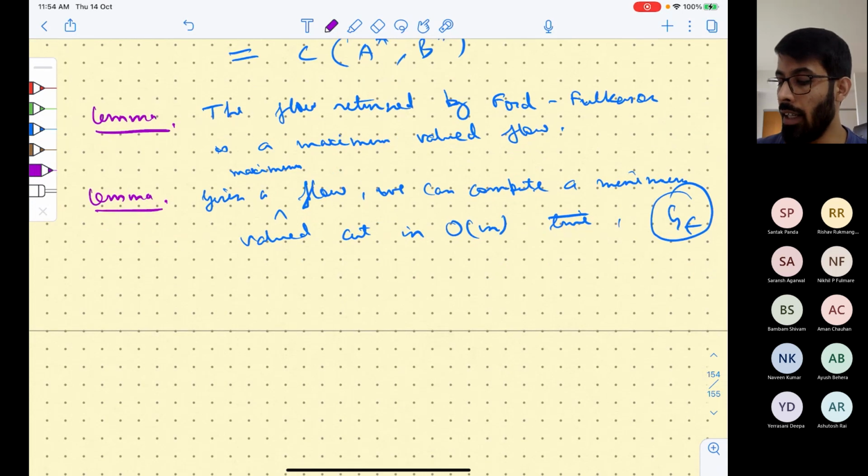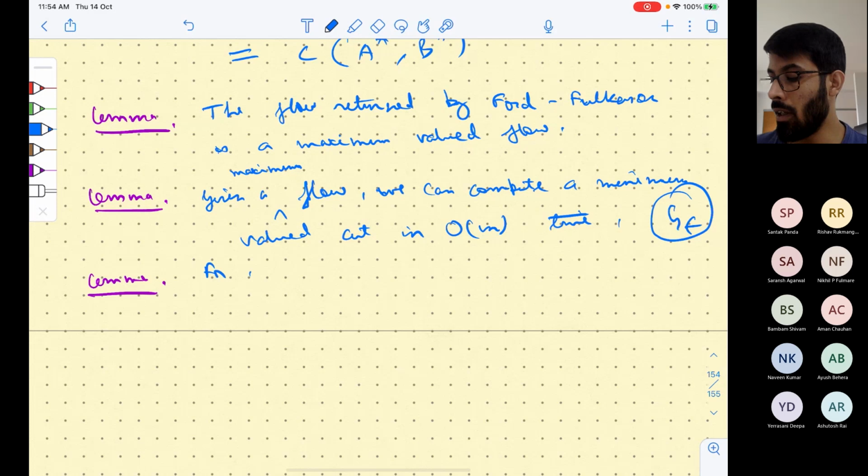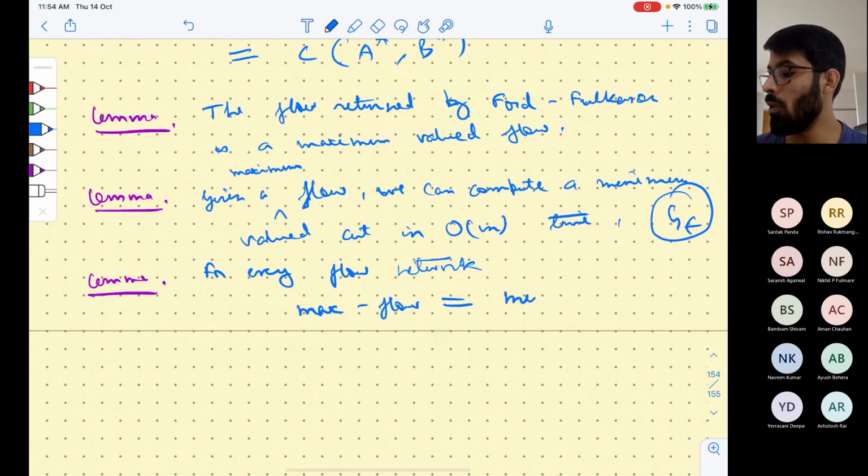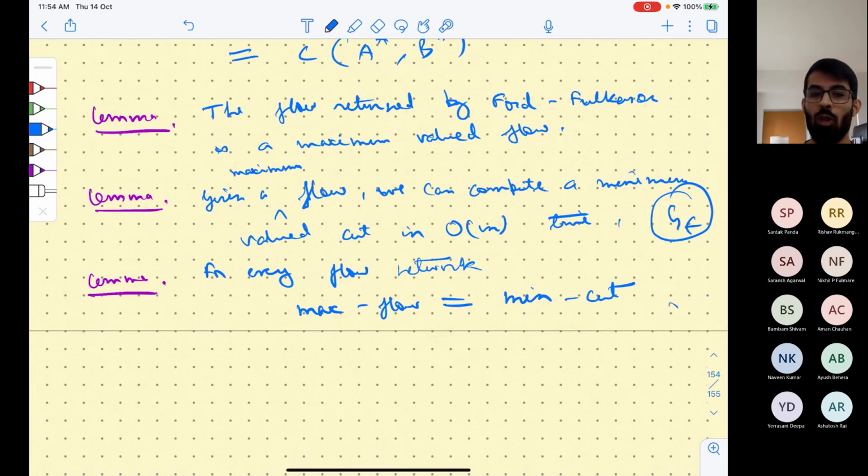So finally the lemma would be, for every flow network, max flow, which is the maximum valued flow, is equal to min cut, which is what we wanted to show also. I mean, this is a combinatorial thing to say.